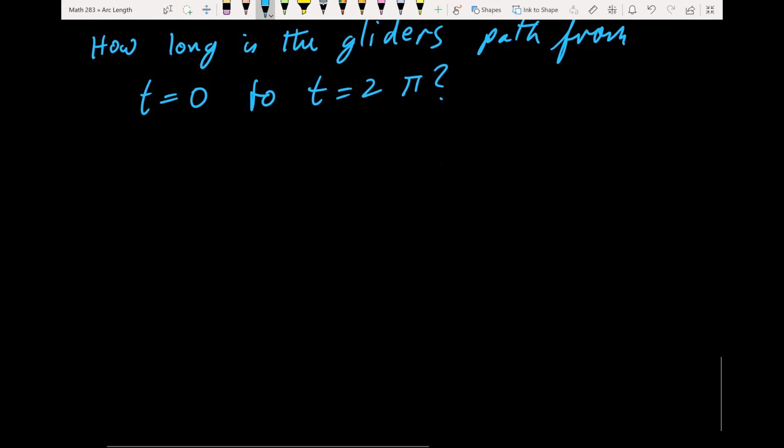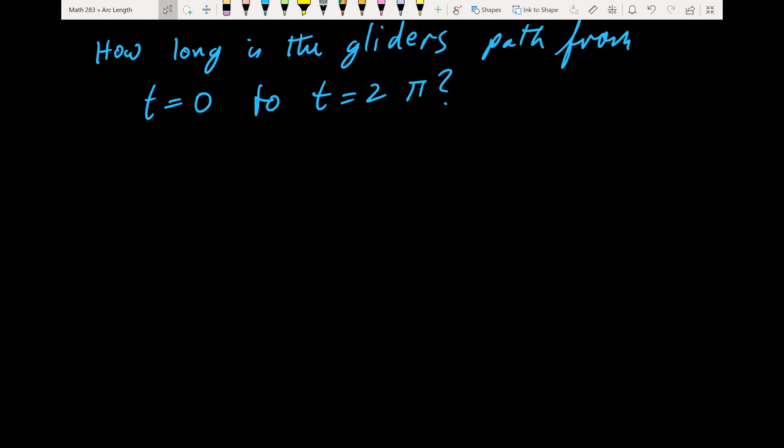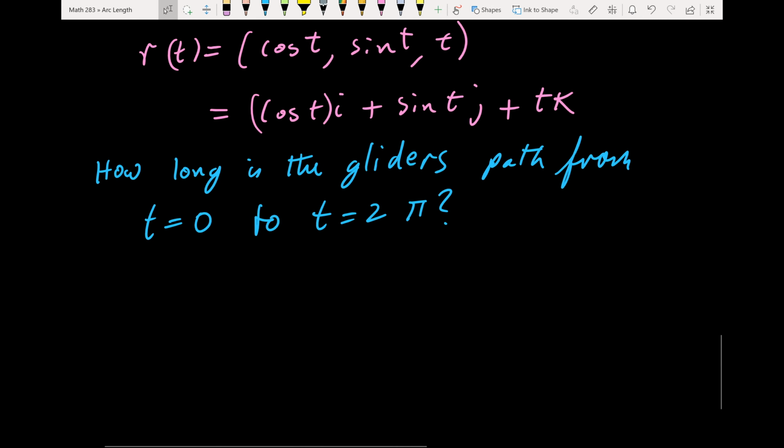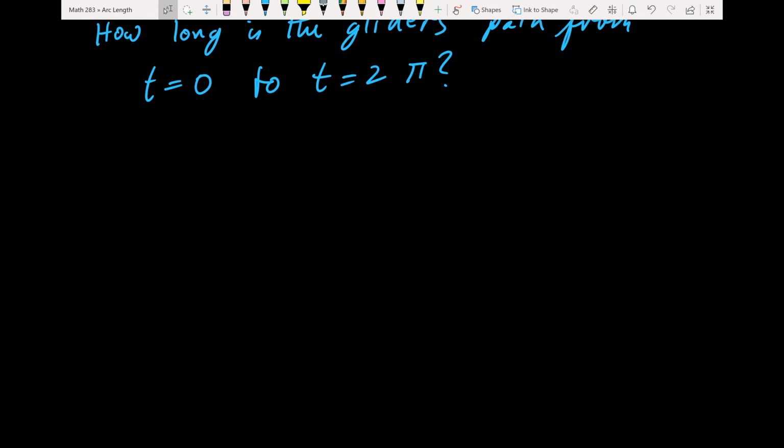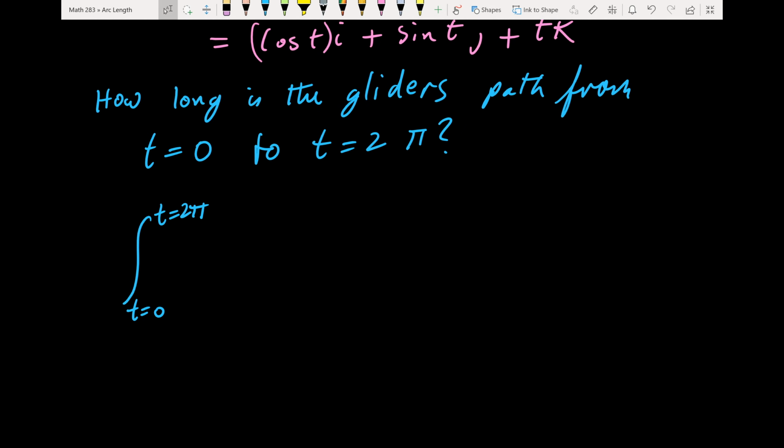Alrighty then. So let's look at it. We do have an equation, remember? R prime of t, and the magnitude of that. So we have the integral from t equals 0 to 2 pi of the square root of sine square of t plus cosine square of t plus 1 dt.